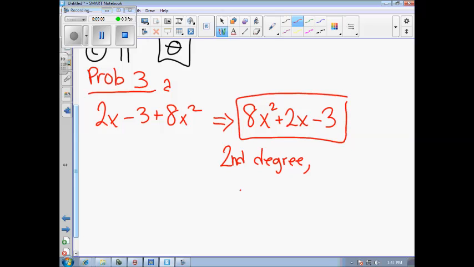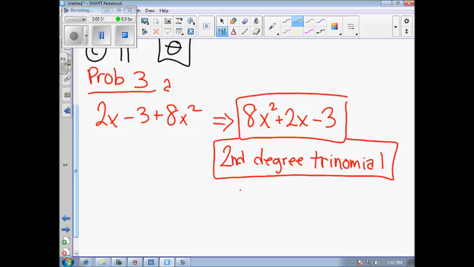Those words I keep saying are in your book right here in the chart on page 641. What are you saying, Carlos? Trinomial, good, because there are 3 terms. 1, 2, 3. So this is a second degree trinomial. That is the second part of the answer. Second degree trinomial.